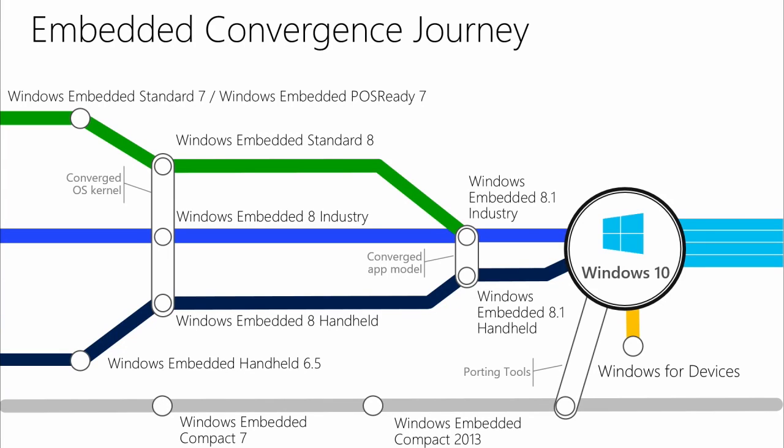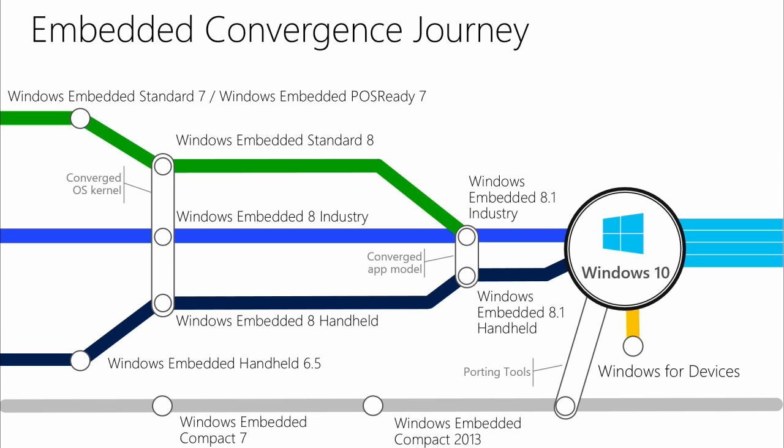It's pretty good. Okay, so let's go back in time a little bit before Windows 10 IoT Core and talk about the legacy, talk about the convergence path from our other embedded operating systems, because Microsoft has a really rich history in embedded operating systems.